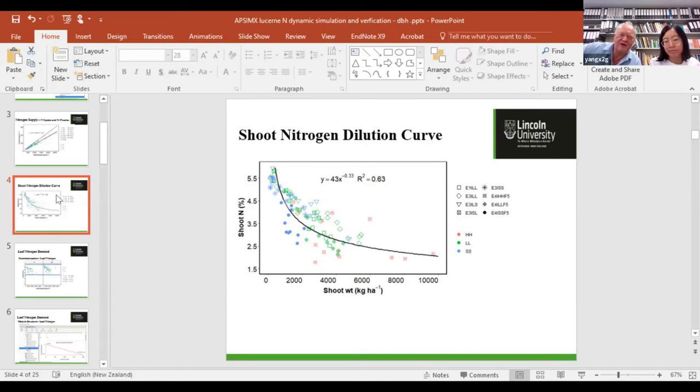Yeah, so some of those treatments that are below the line were also the treatments that were left for a long time, and so they started to lodge and senesce. Perhaps lodging and senescence, yes. So as you get higher up in those biomass levels, when you've got 8, 9 ton of biomass, that's senescence kicking in from those treatments.